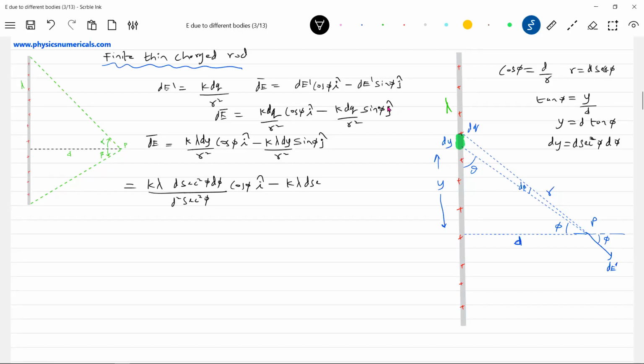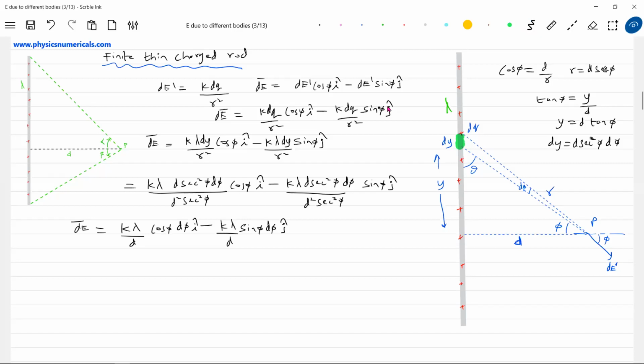Then we get k lambda by d, k lambda d. Okay, fine. I think we are in a better position.